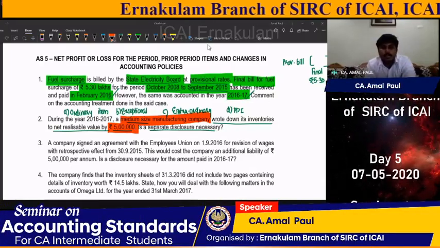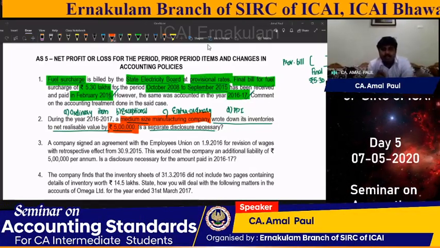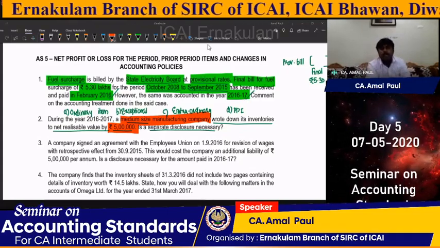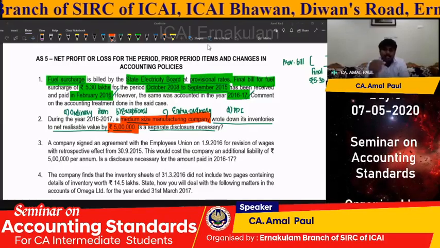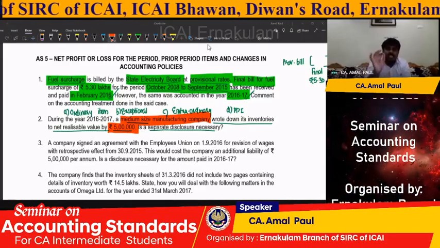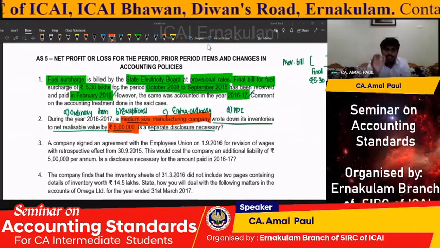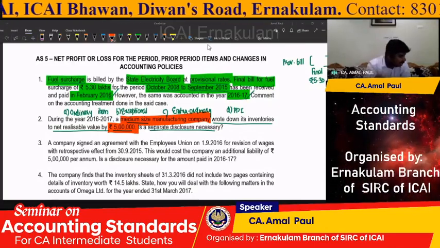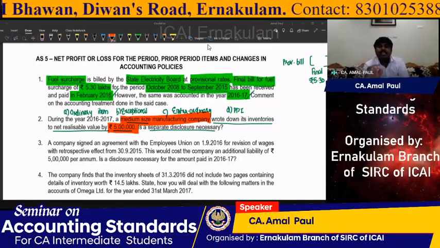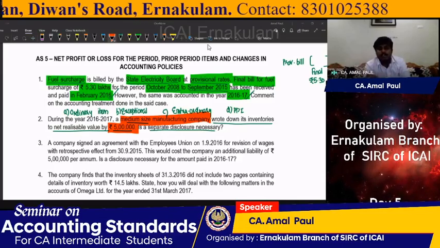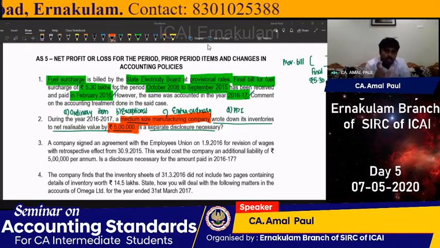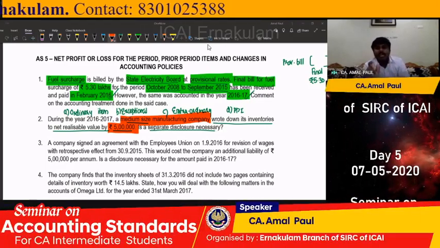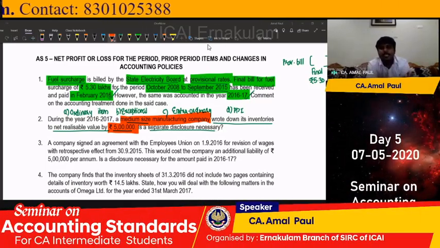So what we need to see is that it is an item within ordinary activity which is of such size, nature or incidence that its disclosure is relevant to understand their financial performance.